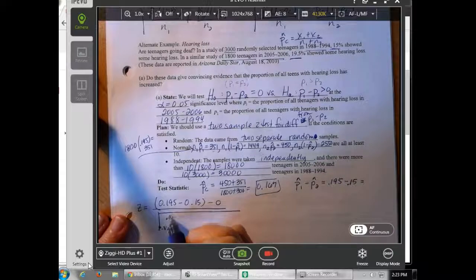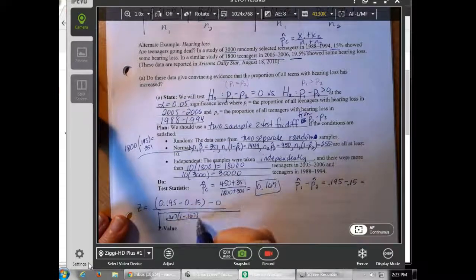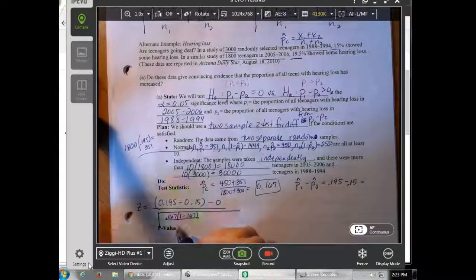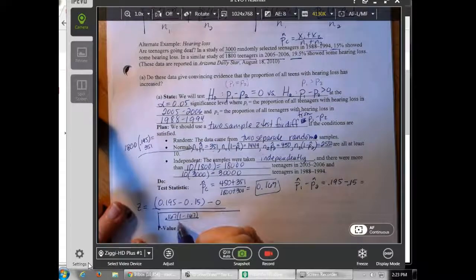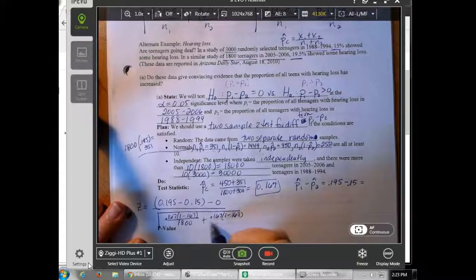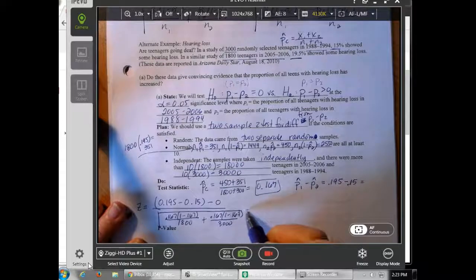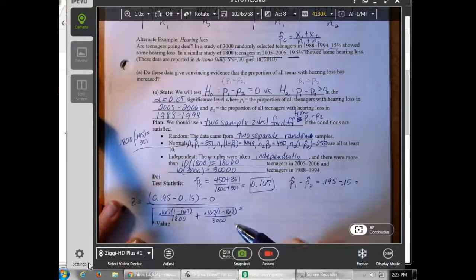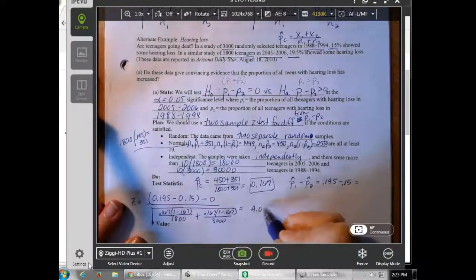So 0.167 times 1 minus 0.167, all over n sub 1, and n sub 1 is 1,800, plus the same numerator again, and this will be over 3,000. So when I compute all that, I get 4.05.